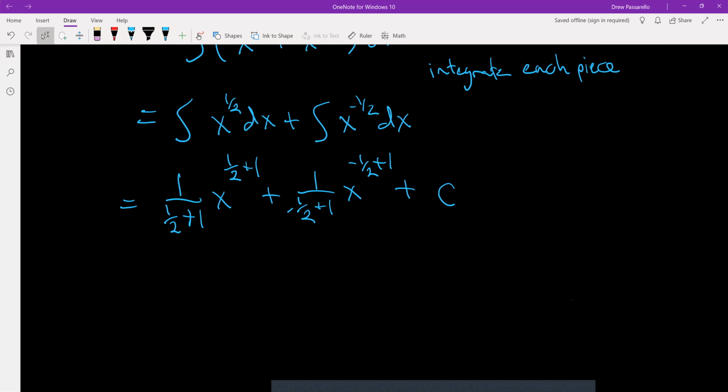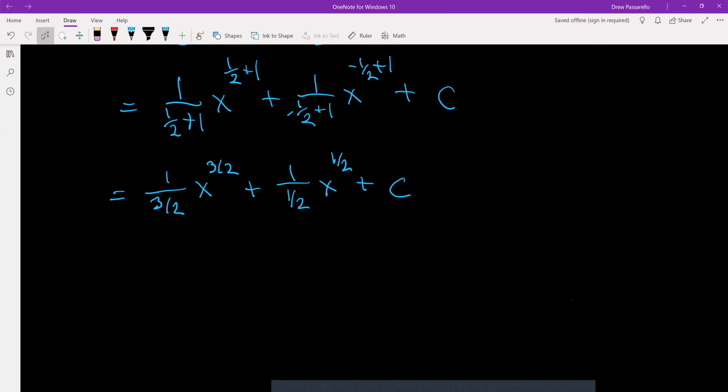All right, so 1/2 plus 1, that's 3/2. So I have 1 divided by 3/2, and then x to the 3/2, which we know we take the reciprocal, it becomes 2/3. Negative 1/2 plus 1, so that's 1/2, so this will be 1 over 1/2, and then x to the 1/2, and then plus c.